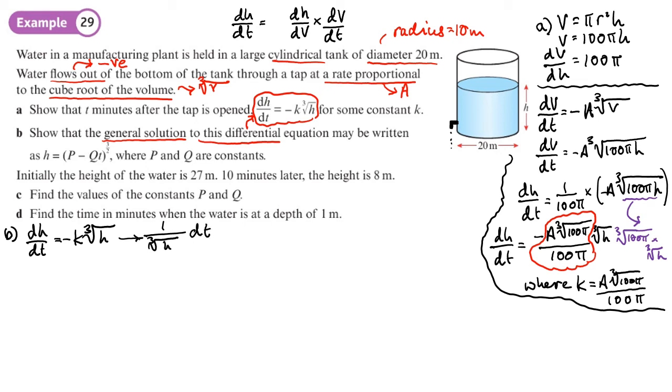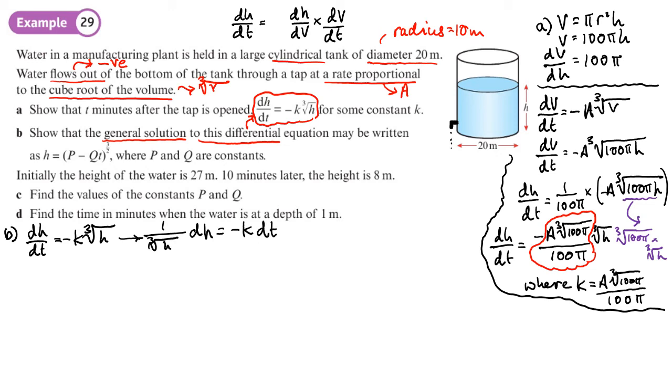Now I could take the constant over as well, because the constants can go on either side. I've decided to leave it where it is, so I'm going to leave the constant there and then have dt like this.